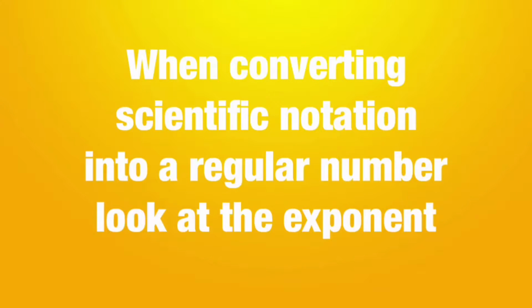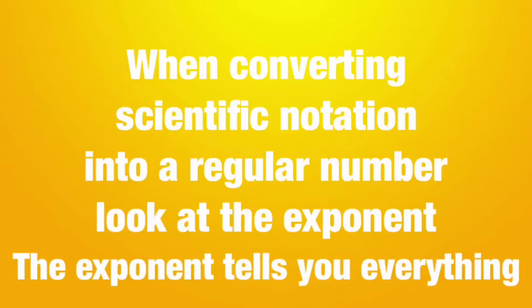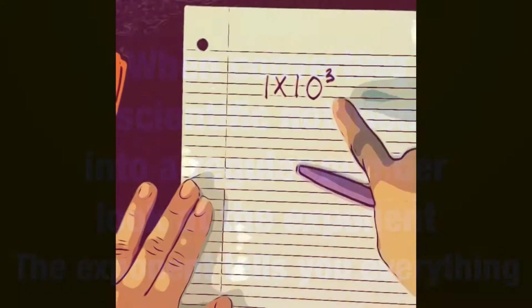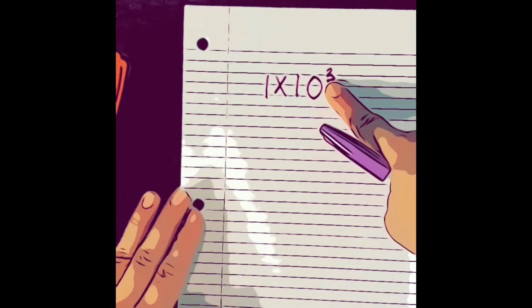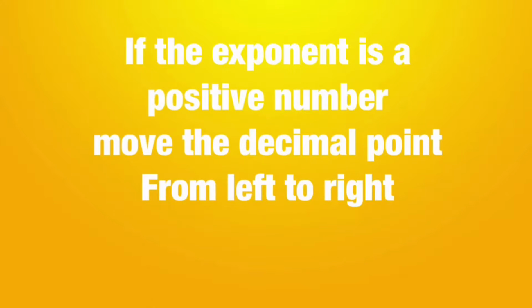When converting scientific notation into a regular number, look at the exponent. The exponent tells you everything. If the exponent is a positive number, move the decimal point from left to right.